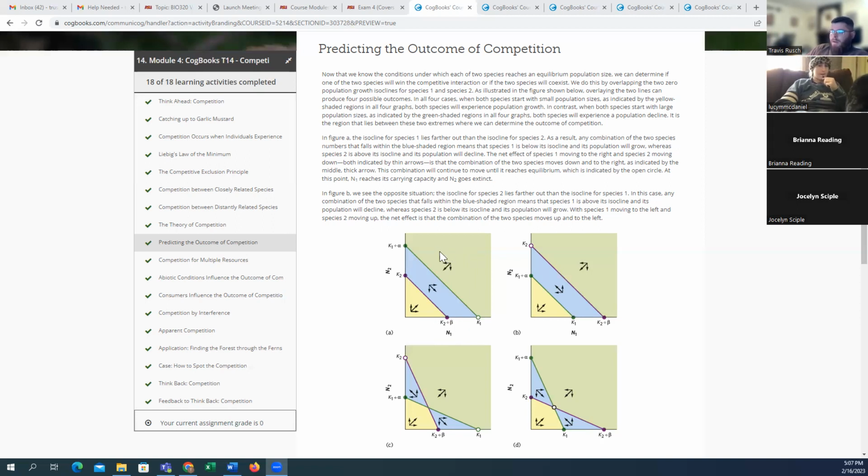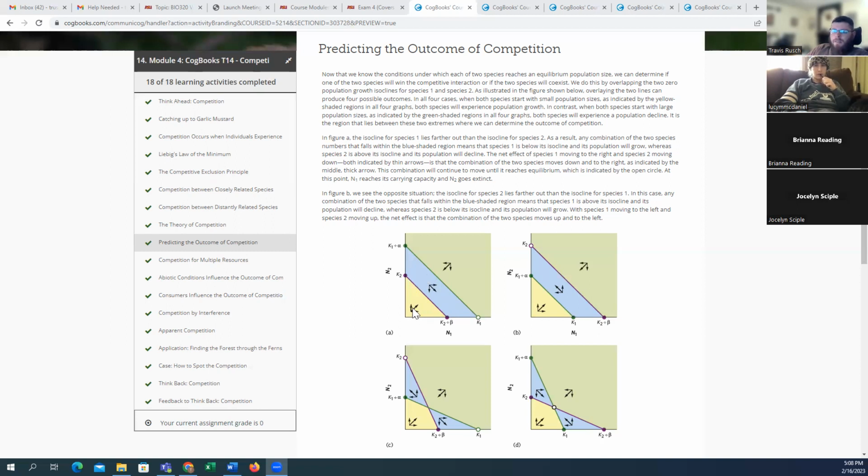Does it matter what happens depending on where we start in this population? Yes. What happens if we start down here in the yellow? What direction are we going to go in the figure? Towards the top right, because nobody is at their carrying capacity yet. Both populations are below carrying capacity, so they're both below their isoclines.